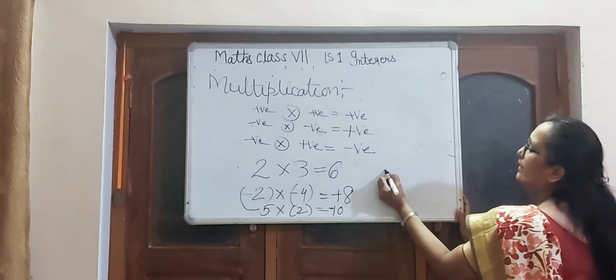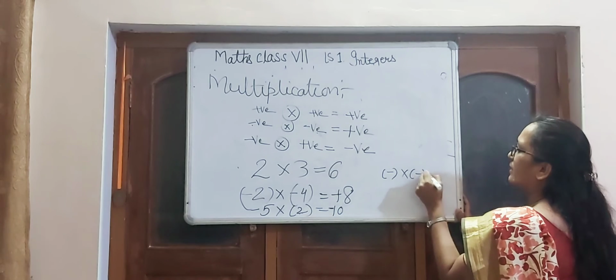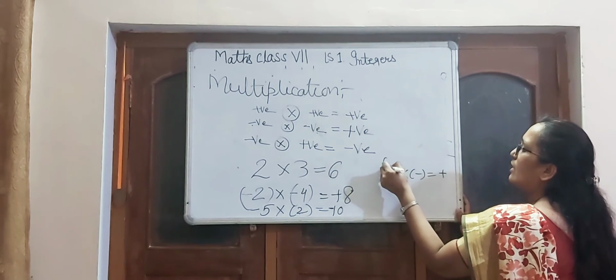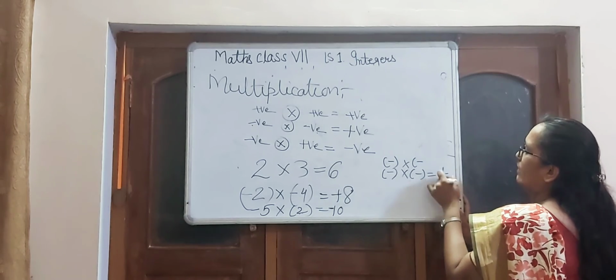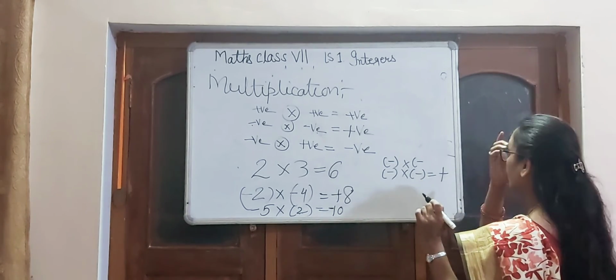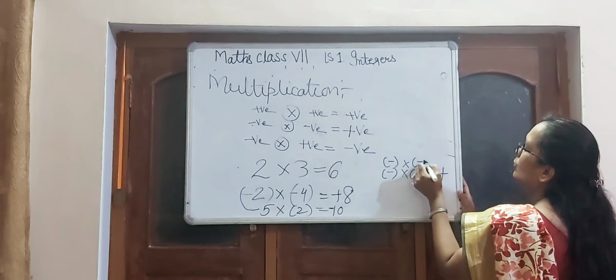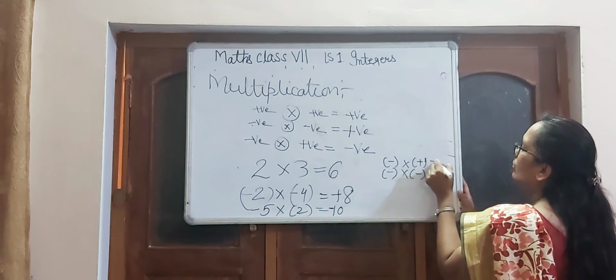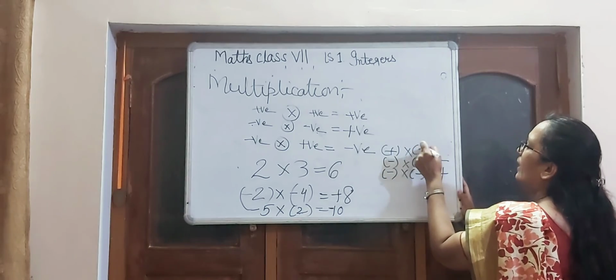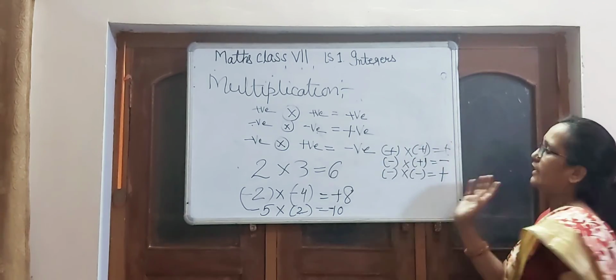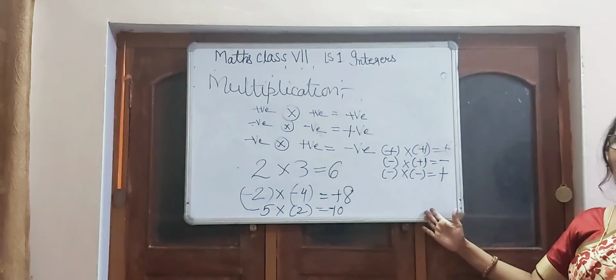So in this way you can learn it. Minus into minus is plus. Minus into plus is minus. Minus into minus is always plus, and minus into plus is always minus, and plus into plus is always plus. In this way you can also learn.